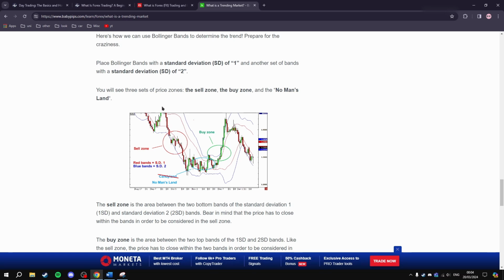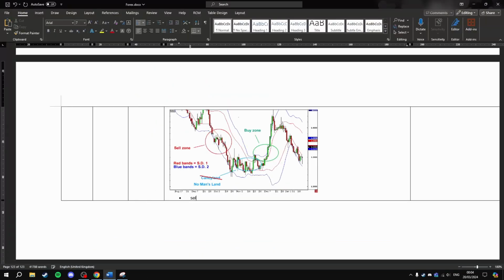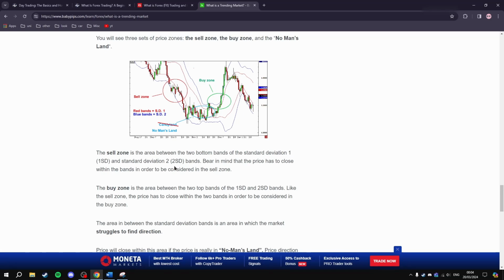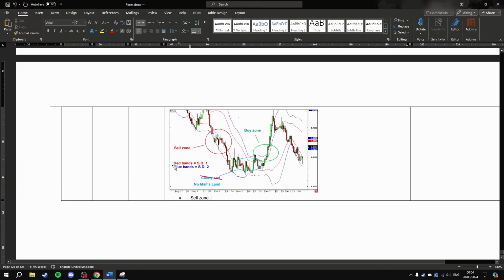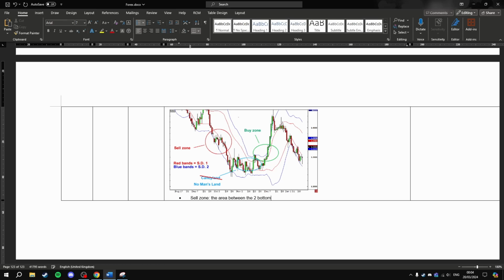One, the centimeter. 2, you see 3 zones: the sell zone, the buy zone, and the no man's land. The sell zone is the area between the 2 bottom bands of the standard deviation 1 and the standard deviation 2 bands.